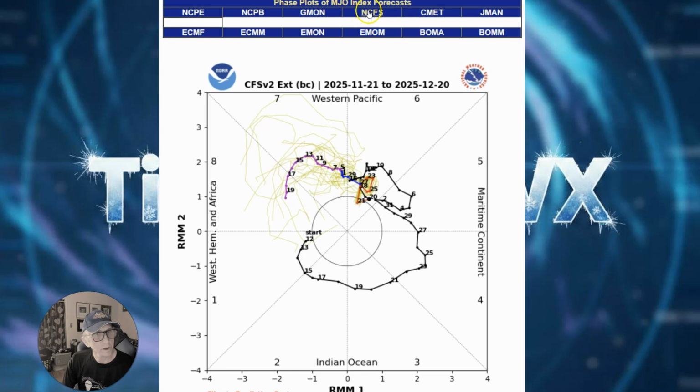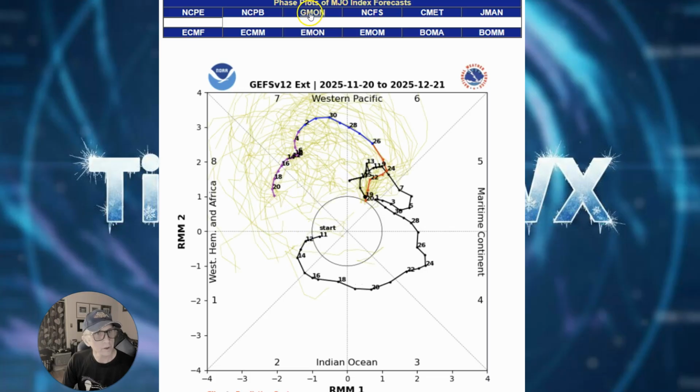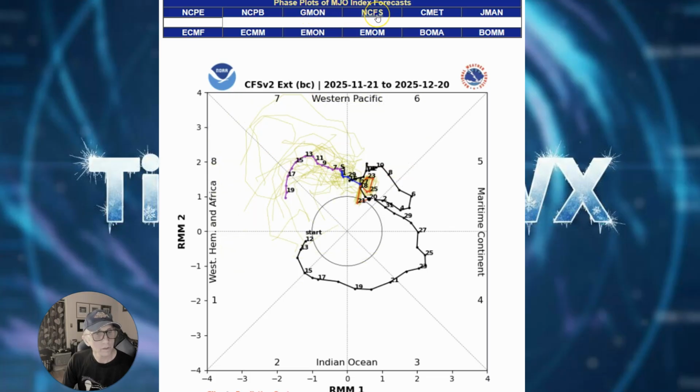This is the CFS, which is the National Centers for Environmental Prediction. This is through the 20th as well. Shows roughly the same thing. So this is bias corrected as well.